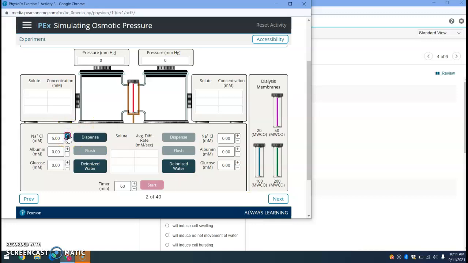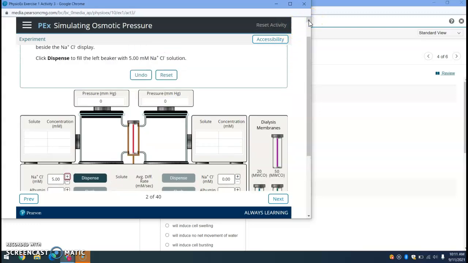Okay, and it said to 5 millimolar. That's 5. And then it says click dispense. And then next, click deionized water and then click dispense to fill the right beaker.